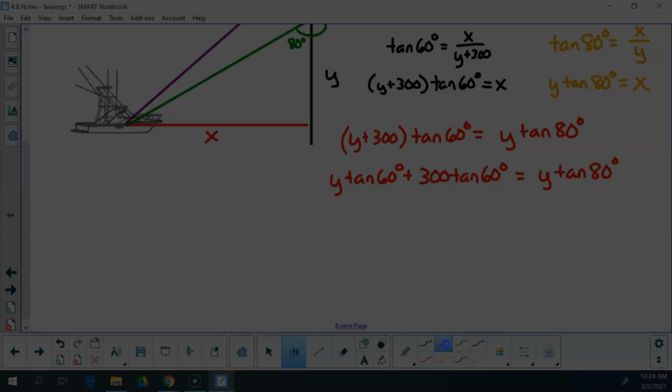If I subtract y tangent of 60 degrees, I get that, because I got to have my y's on the same side.